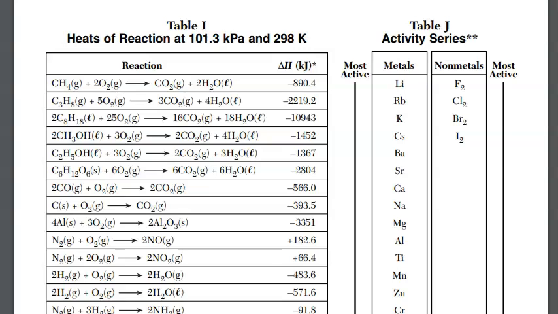Here at reference table I, I see a bunch of reactions and the heat of reaction associated with each. You see numbers with negative signs and with plus signs. Now, if you don't remember, a negative sign means exothermic and a plus sign means endothermic.